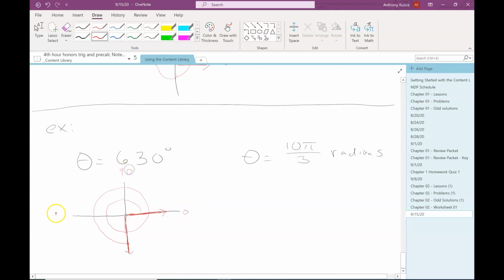So if this is 0, 90, 180, 270, 360, what are those in radians? 0, pi over 2, pi, 3 pi over 2, 2 pi, etc. Try to do it without having to convert the angle into degrees.